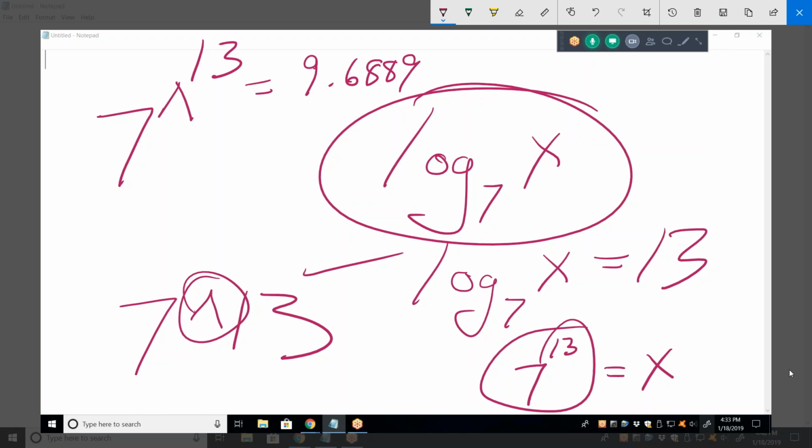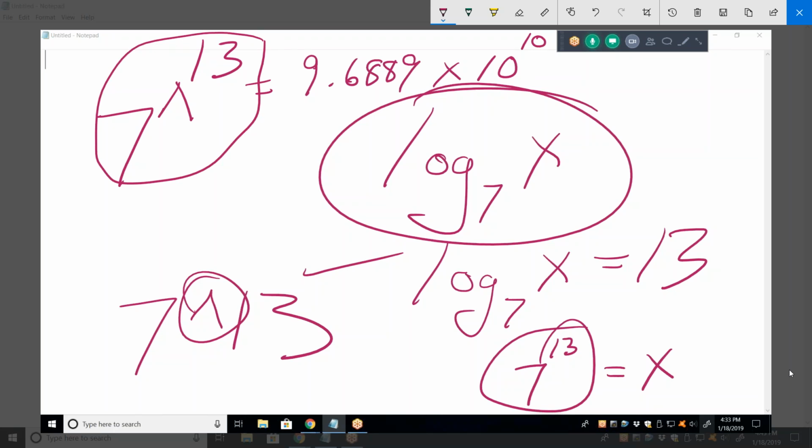E to what? Okay, that means 10 to the 10th power. That's what that means. Well, 10 to the 10th power is a billion. So this is basically 9.68 billion. It's a big number. Okay, so that's how you solve exponential math on your calculator.